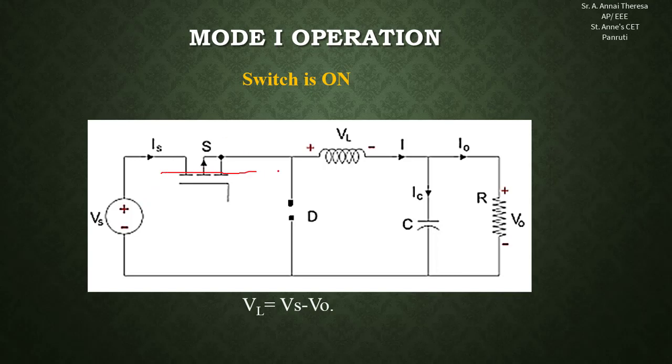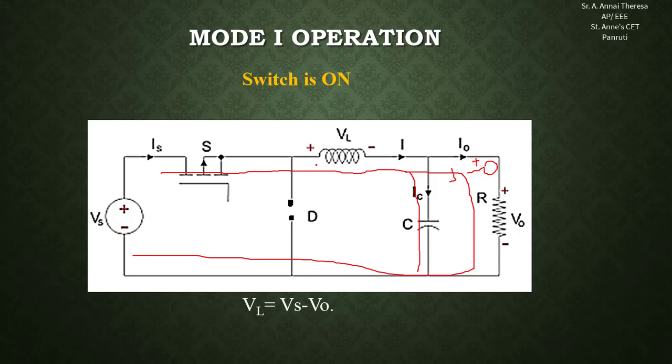The current will flow through this inductor and capacitor and through this load. The current path will be like this. This is the current through the capacitor, that is IC. This is the load current, that is I0, and this is the current through the inductor, that is IL.